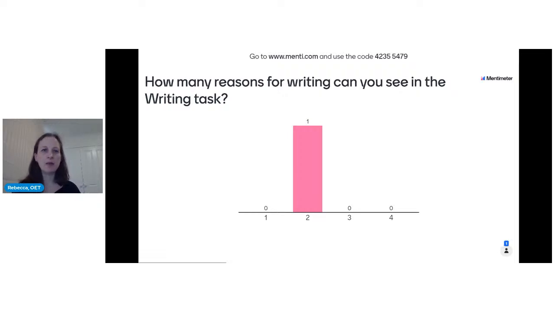So we've got somebody who said 2 on the poll, and Tatiana in the chat has also said 2. Just give you 10 more seconds in case anyone else is about to respond to the question as well. Yep, somebody else just voted in the poll.